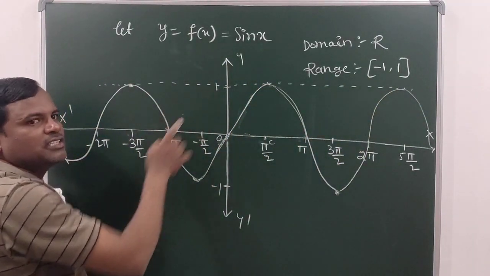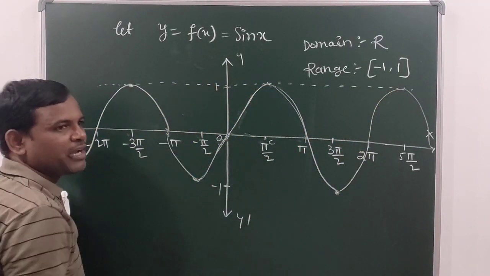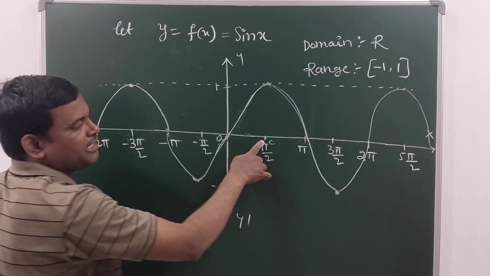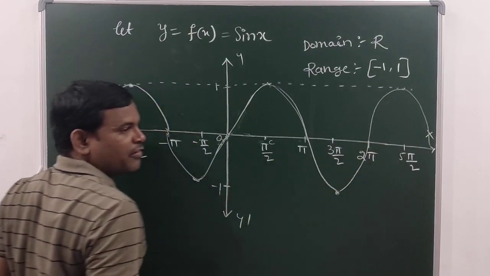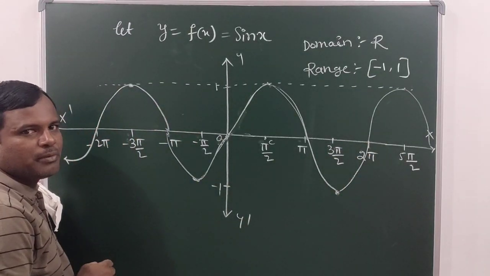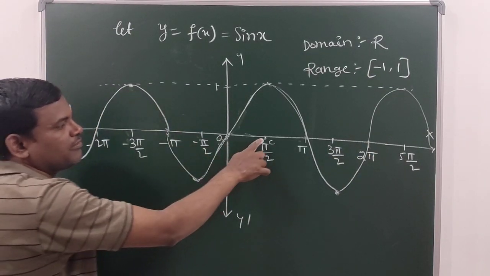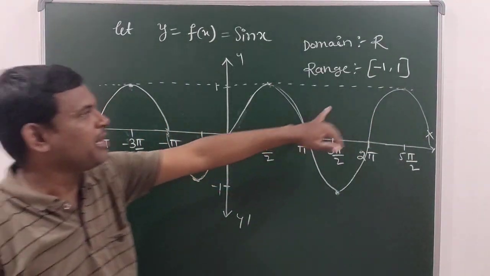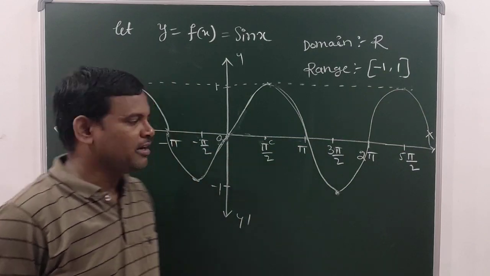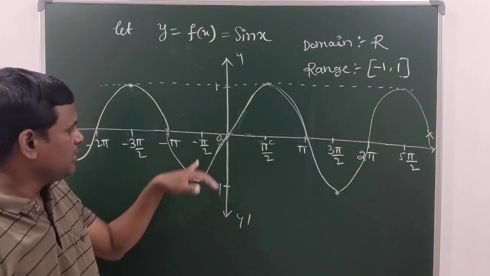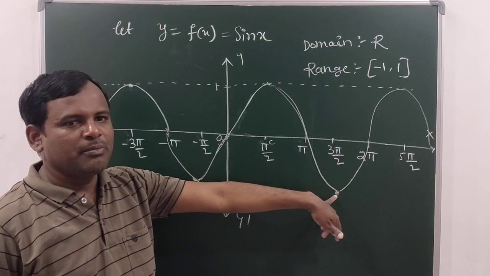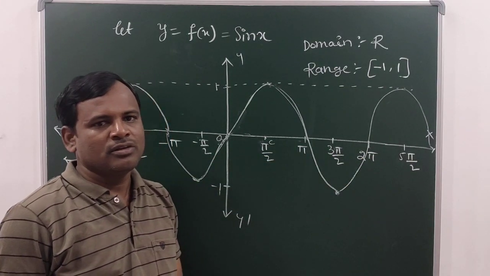The function attains its maximum at 90, 5 pi by 2, -3 pi by 2. At these values, this sine function is maximum. How much is that maximum value? 1. And where is it minimum? Here -90, 3 pi by 2, and so on.